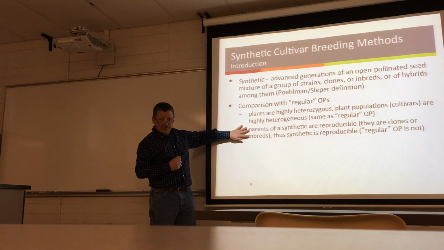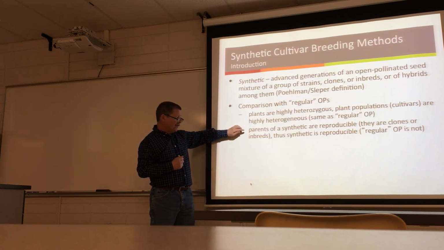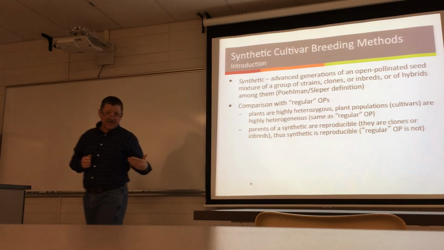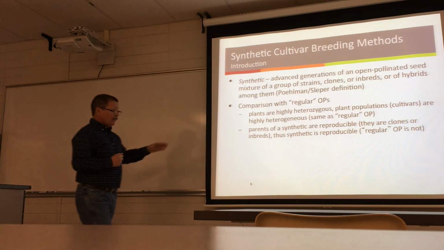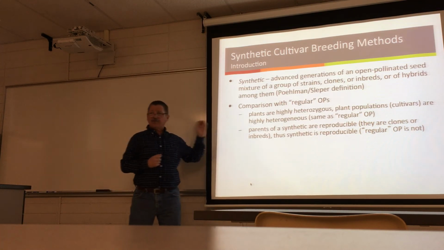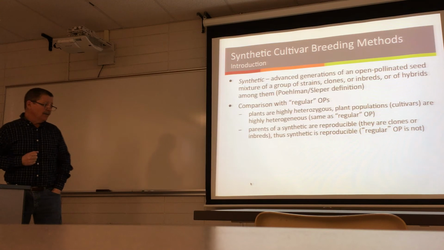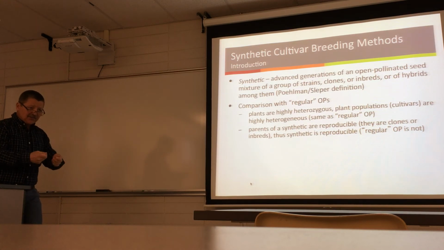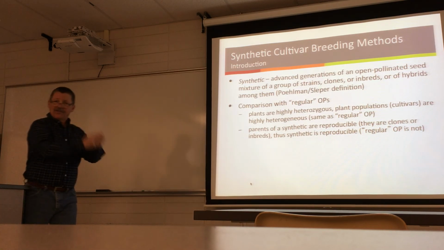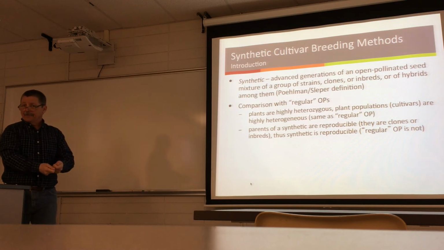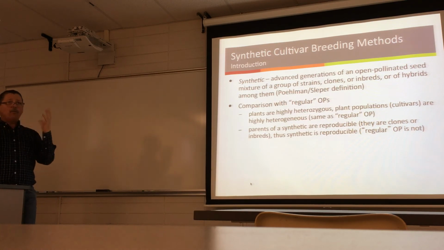They're different, though, from regular open pollinated cultivars in that the parents of that synthetic variety are reproducible. They're clones or inbreds. And thus, to generate the seed of the variety, you can always go back to those same individuals. That's not the case for a regular open pollinated population that we call an open pollinated cultivar.